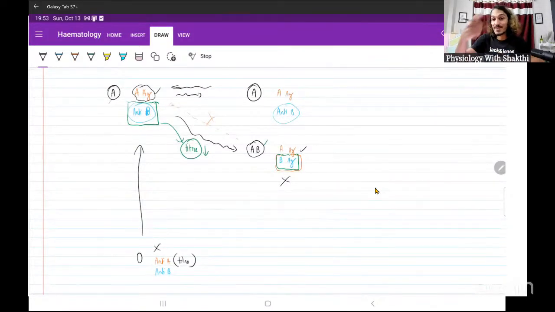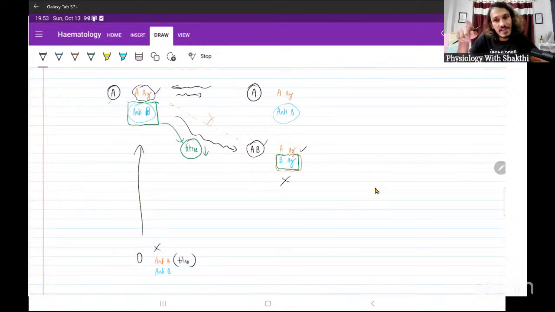Again, if that question was changed to who is the universal recipient? The recipient is somebody who has all the antigens actually. So AB positive or AB negative, who will be a better recipient? AB positive, because he has A antigen, B antigen, RH antigen. Because of that, he can actually take blood from all of those who have these antigens.